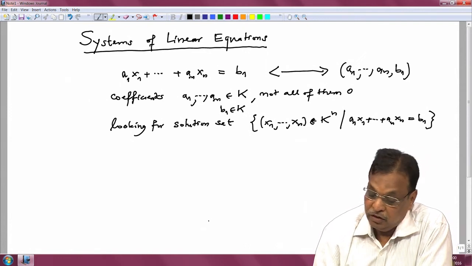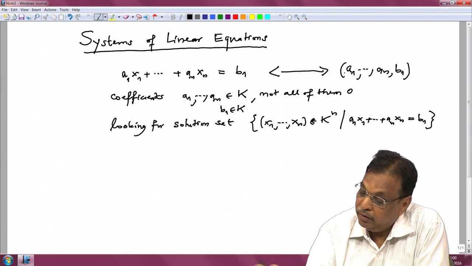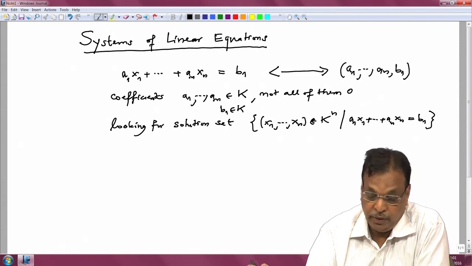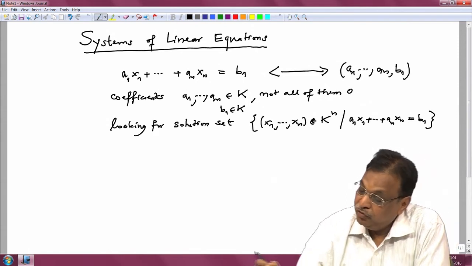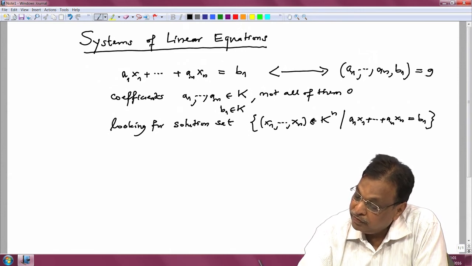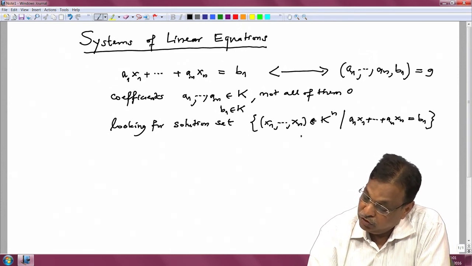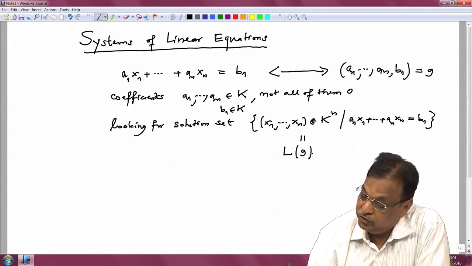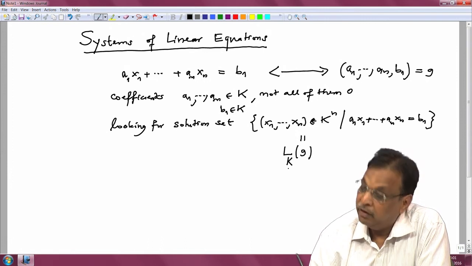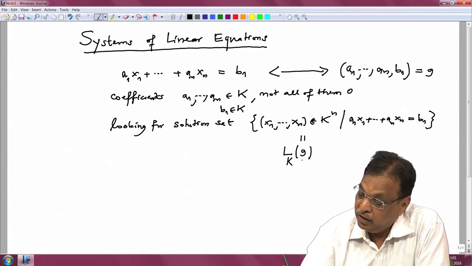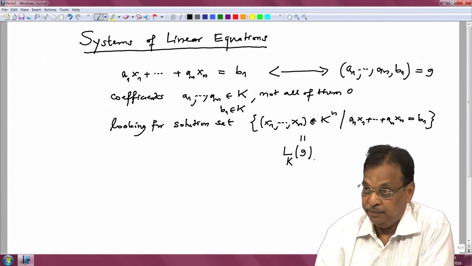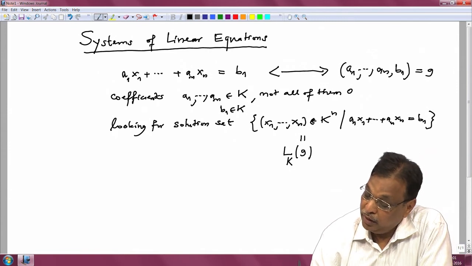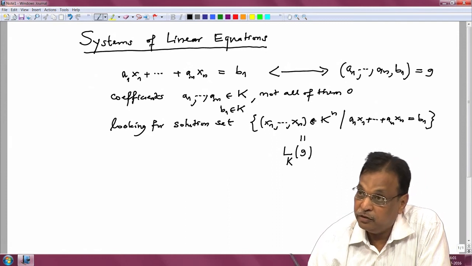So, for us a linear equation we are denoting by a tuple a1 to an comma b1, and we call it, say for example, G, and this solution space we are going to denote LG. When we also want to insist on the field, we will write LK. That will just show that all these coefficients are in the field K, because sometimes it will be necessary to compare solutions with the bigger field and a smaller field, etc.